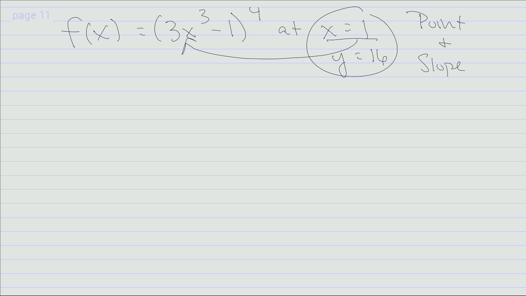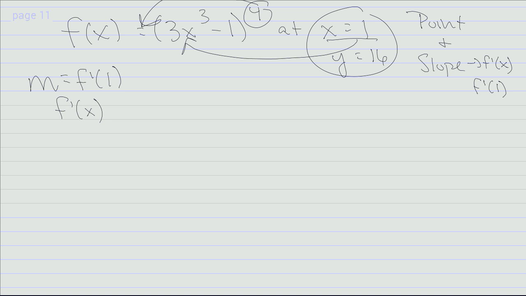To find the slope, I need to find f prime of x. And my x value is specifically 1, so I need to find f prime of 1. So let's use some more algebraic notation. M is equal to f prime of 1. So let's find f prime of x. In order to compute f prime of x, I've got my power rule, but I also have stuff, so I need to use my chain rule.